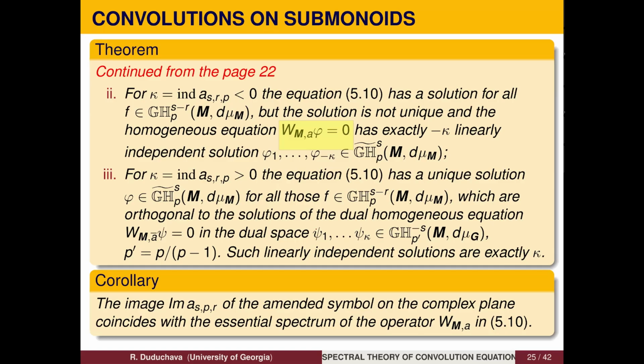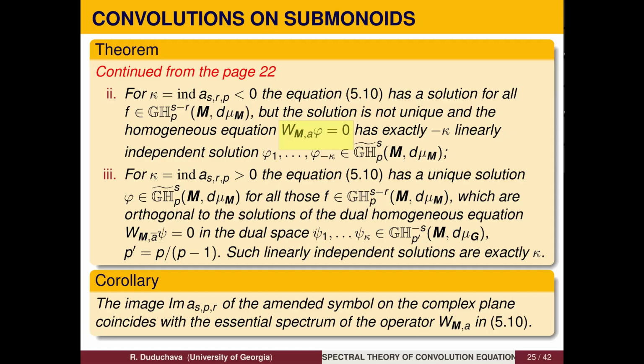Well, everything is as in the classical Wiener-Hopf equations, but with amended symbols and with the correction that we are now on groups and submonoids. Corollary: the image of the amended symbol on the complex plane coincides with the essential spectrum of the operator.